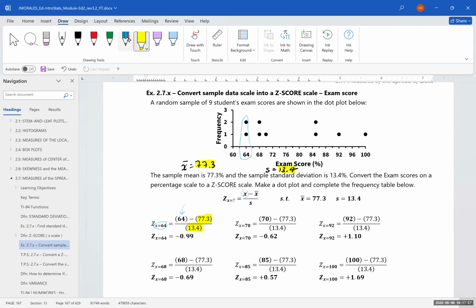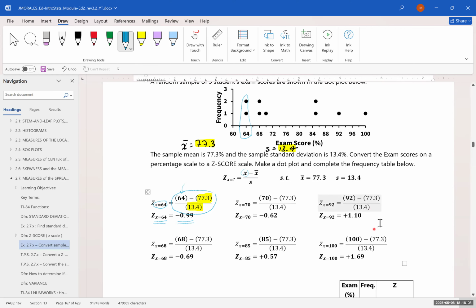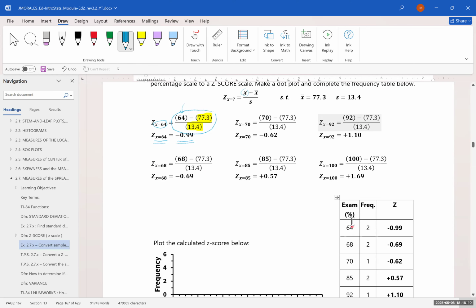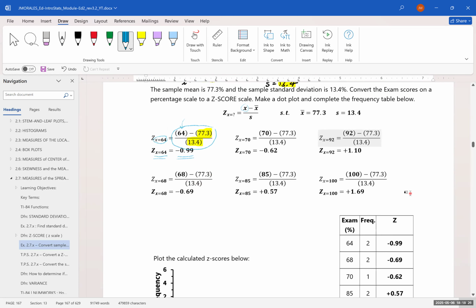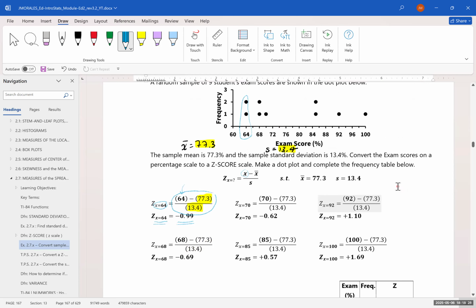And when you simplify this expression on the right-hand side, then when x is equal to 64, you get a z-score of negative 0.99. So down here, if we put 64 in for x, we get a z-score of negative 0.99. So 64 in a percentage scale gets converted to negative 0.99 on a z-scale. So let's go ahead and maybe plot that.